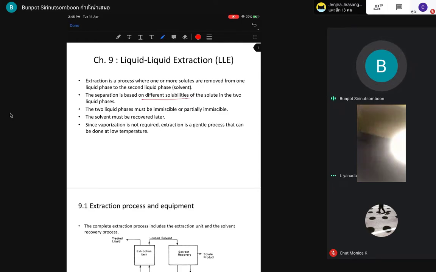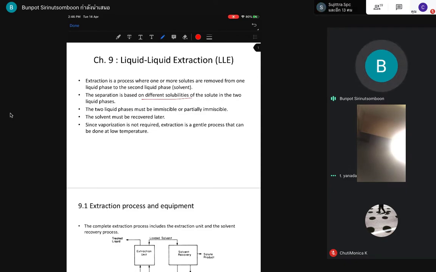First you have two streams: a stream of diluent with the solute, and a stream of solvent. Maybe originally without a solute, but after the process, the solvent is going to extract the solute from the diluent stream into the solvent stream.